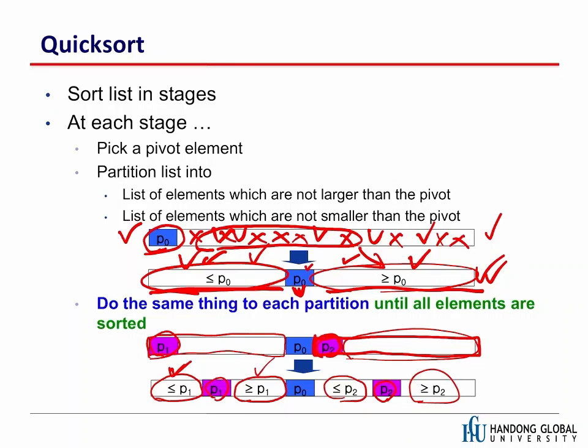Then we don't apply the same thing to the left partition anymore, because we have only one element there, but we have to apply this a couple of times to the right, because it is much longer. Still the idea is quite simple, right? As long as we apply the same thing until we get just one element, we will get a sorted list as a result.